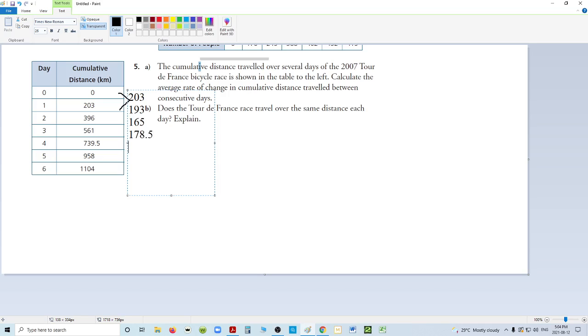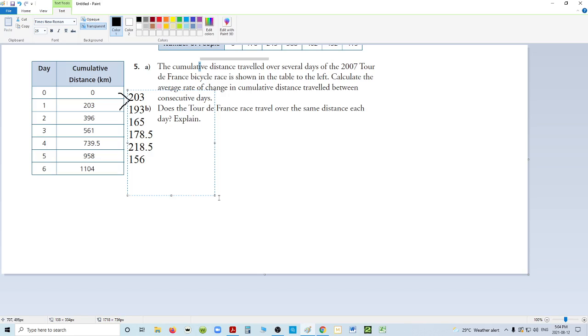And then the next one is 230. 211, no, sorry, 219.5, 218.5, I think. Yeah. And then the next one is 154, 156 for the next one.